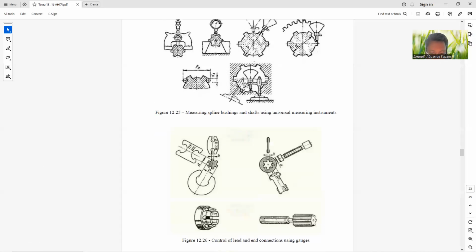And on figure 15.26, it's control of spline connection using gauges.